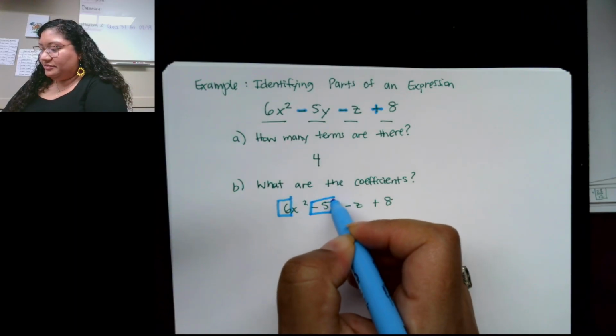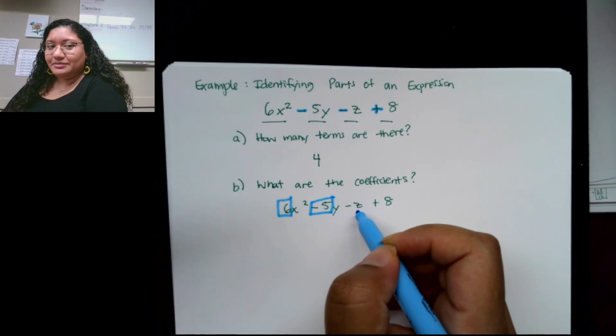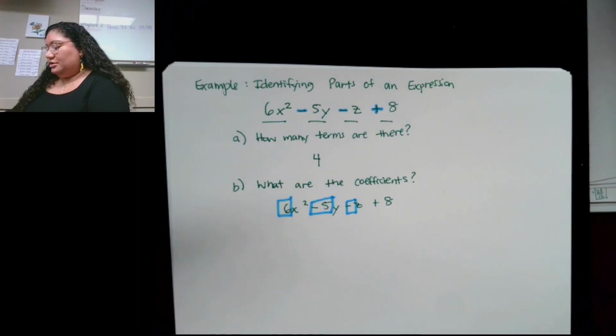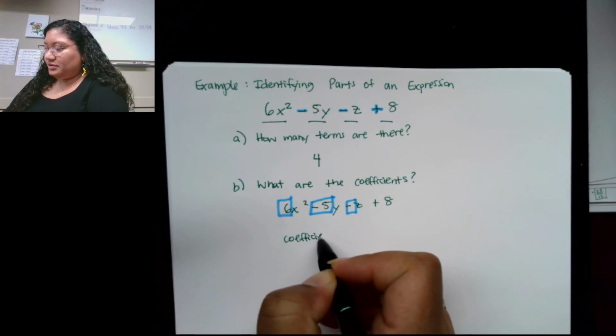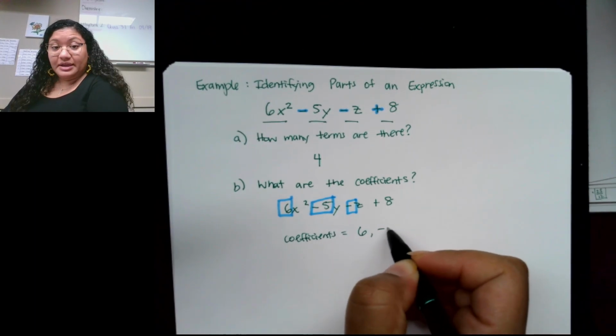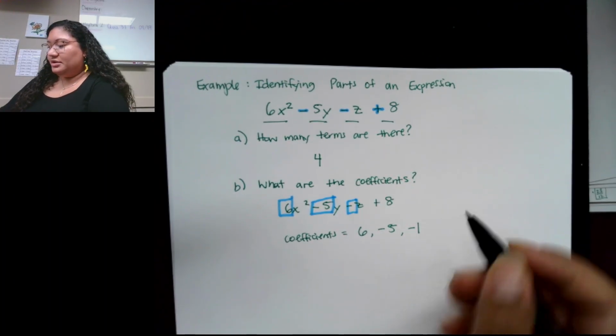Negative 5. Okay, I see the z, but what number is secretly in front of the z? Negative 1. So my coefficients are 6, negative 5, and negative 1.